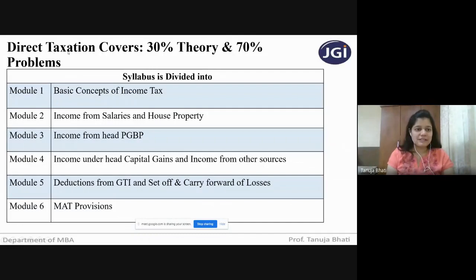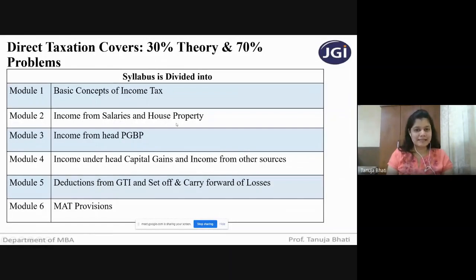Now, this direct taxation subject is divided into 6 modules. Module 1 is basic concepts of income tax. I think you have already done some basic part of taxation in your degree level, so here we will see each chapter in a little more detail.